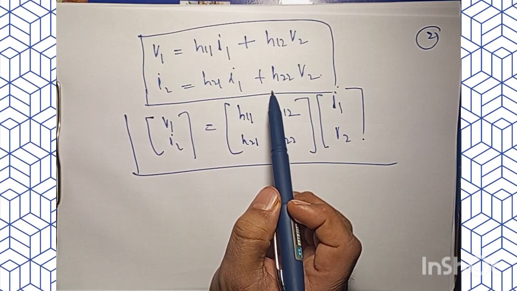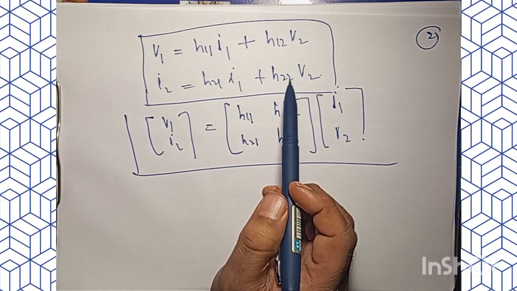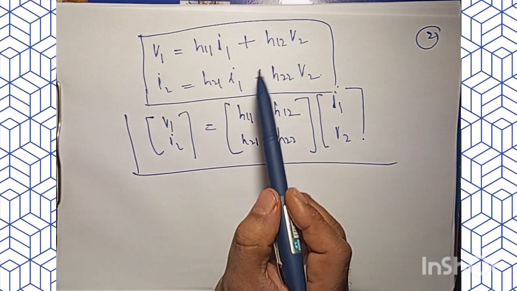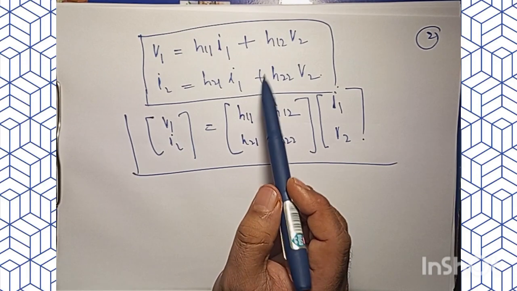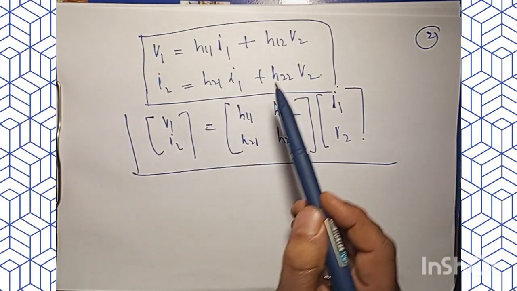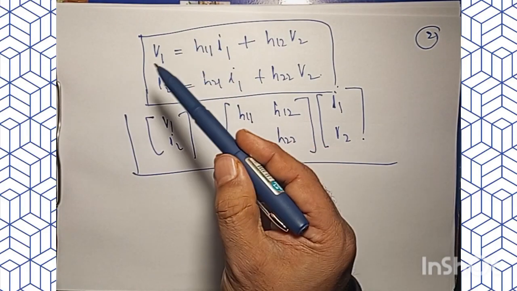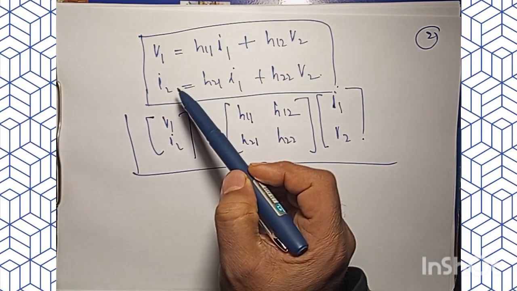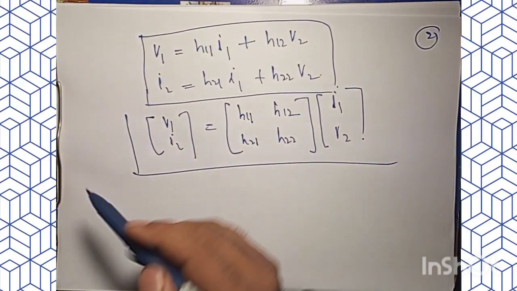Now, moving forward, these parameters that we have been talking about, H11, H12, H21, H22, relate the four variables of this two-port system by the equations. We have the equations here, so they are making a correlation between these four variables involved in these equations, and we call them hybrid parameters.